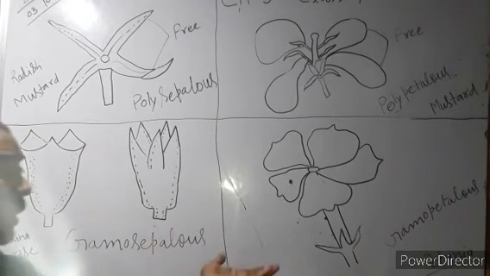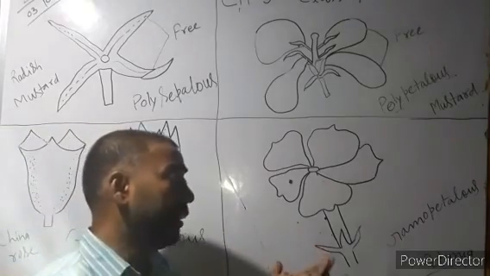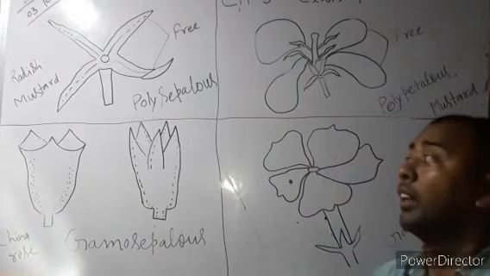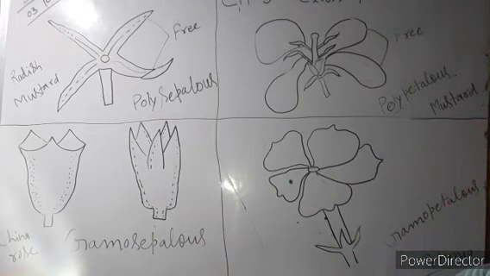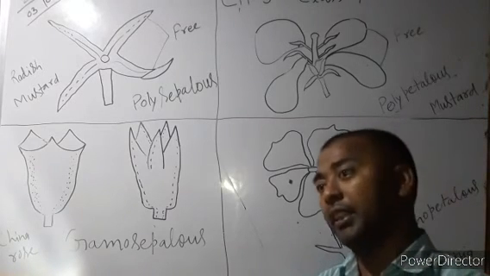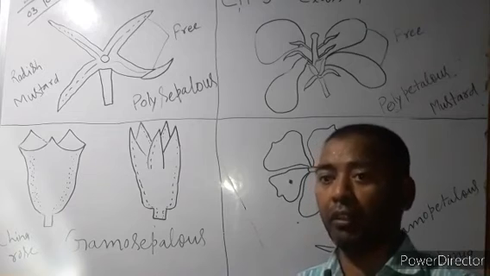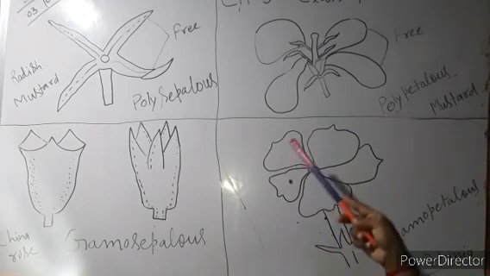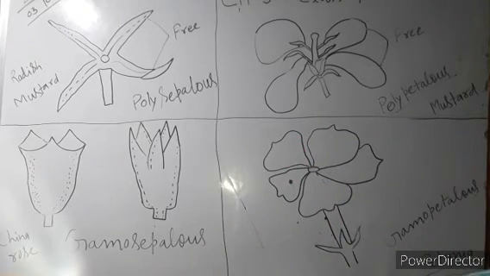It plays a very important role in pollination, because due to the various colors, insects are attracted to it, and due to that pollination occurs. They sit on the petals, pollen grains stick to their bodies, and when they go from this flower to another flower, the pollen grains brush off there, and pollination occurs. In this way, it helps in pollination.